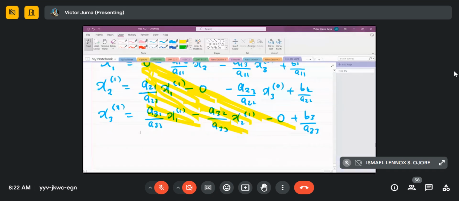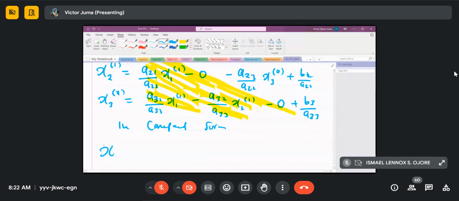So I can just write this maybe in matrix form and in more compact form. Let me just first write x1 is L x1, and then plus U into x0, and then plus this is vector b.